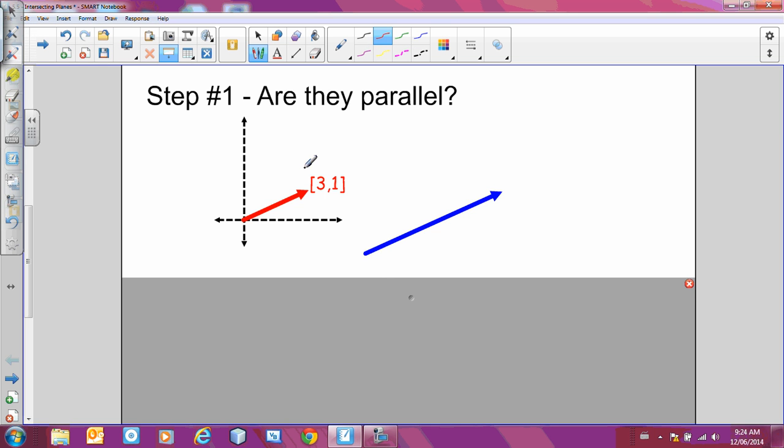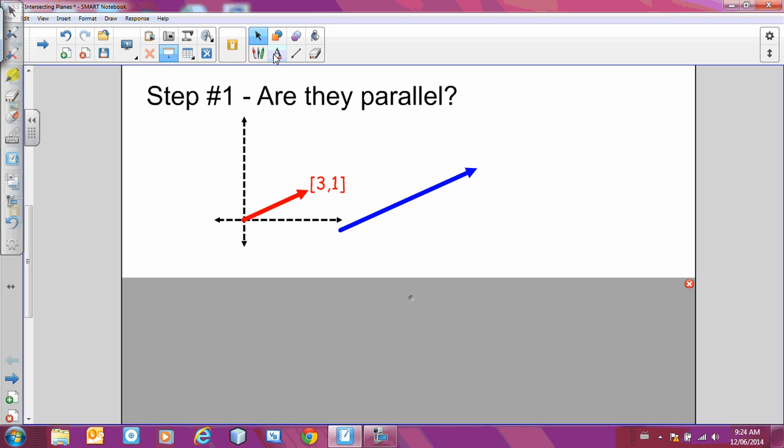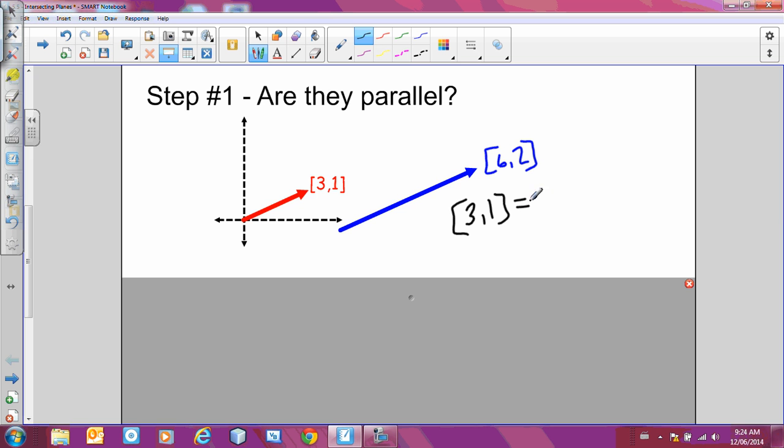So quick review, if we have two vectors and want to determine whether they're parallel, and these ones turn out to be, let's guess that this thing looks something like [6, 2]. We want to remember that for two vectors to be parallel, we can write them as scalar multiples, one of the other.